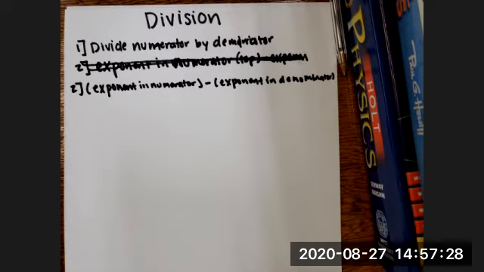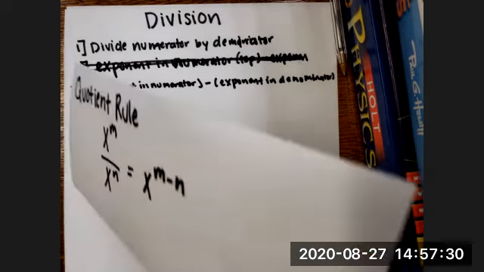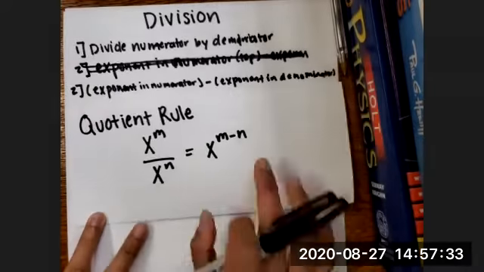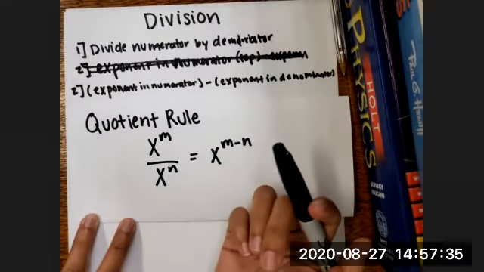So for division, scientific notation takes on the quotient rule from the law of exponents in math.